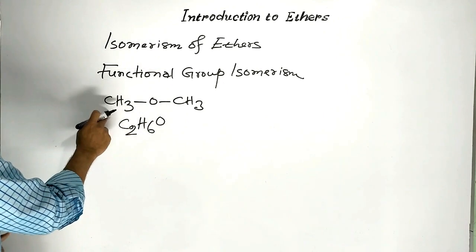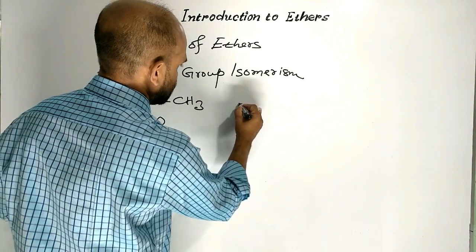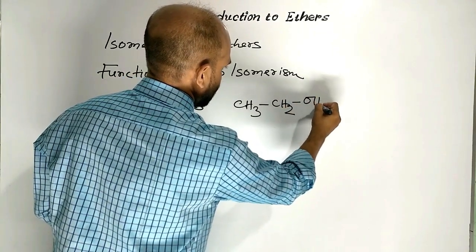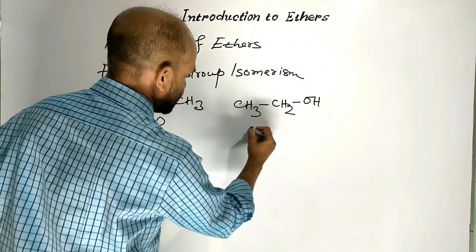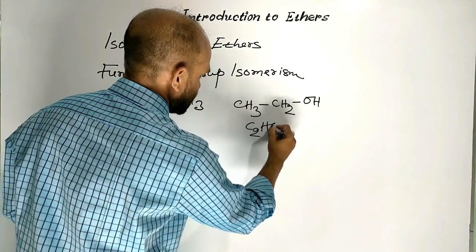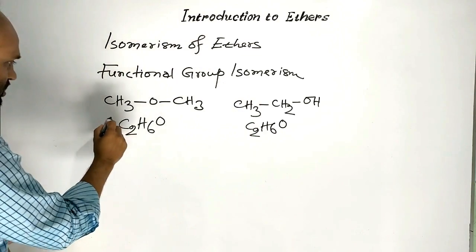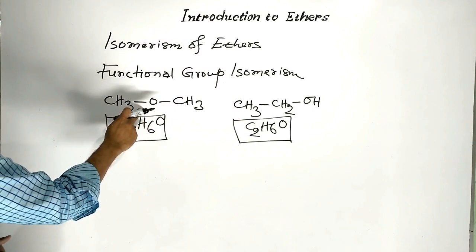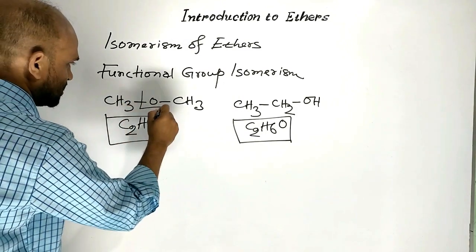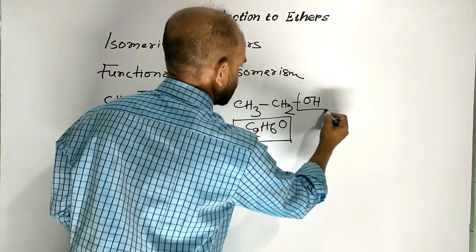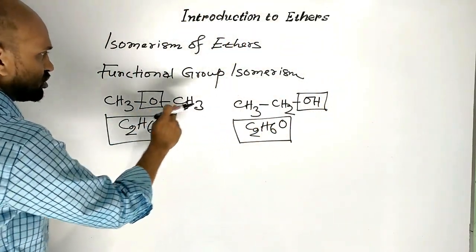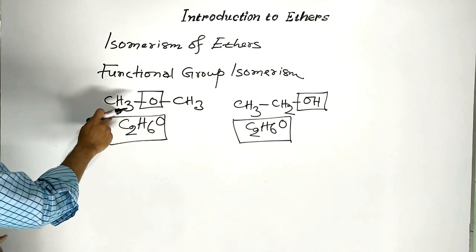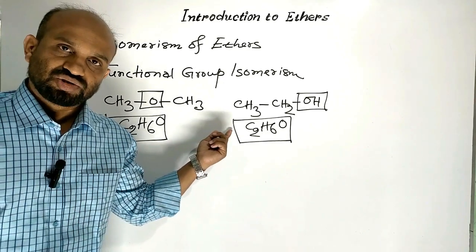It can be written in this way: CH3, CH2, OH. Its molecular formula is C2H6O. Same molecular formula, but the structural formulae are different and the functional groups are different. So these two compounds are functional group isomers. That is, ether shows functional group isomerism.